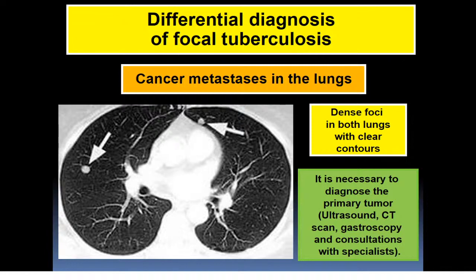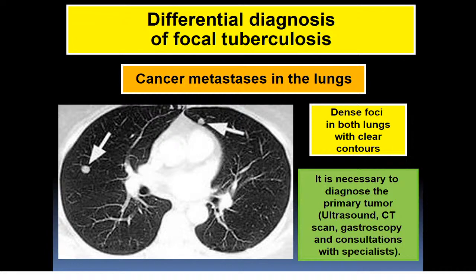And we can see dense foci in both lungs with clear contours. It is necessary to diagnose the primary tumor for confirmation of metastasis. For this purpose, we use different methods of examination.